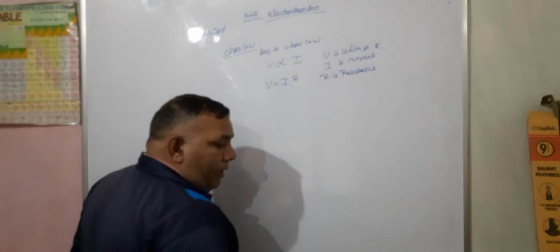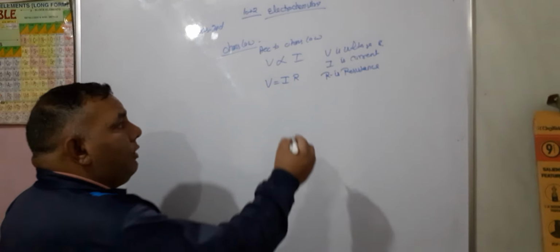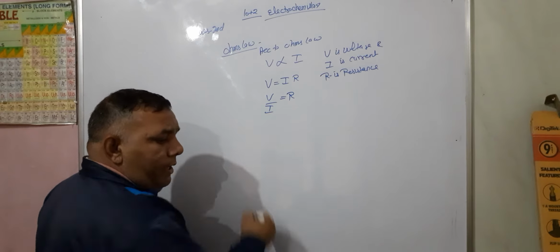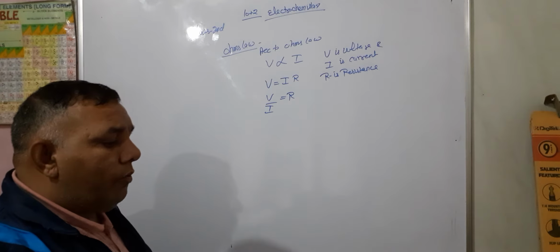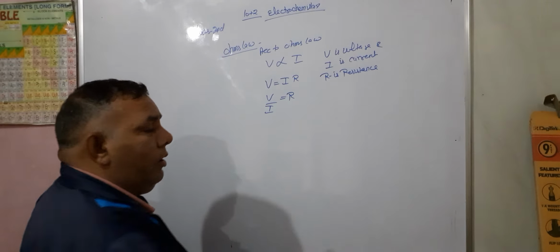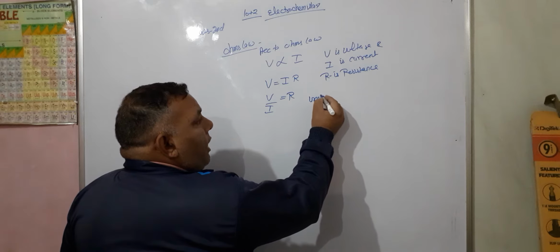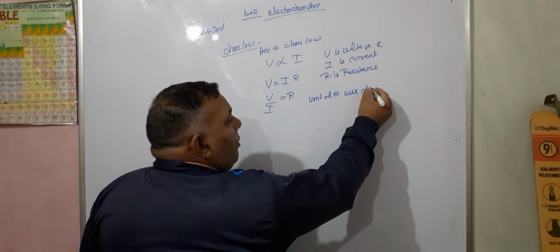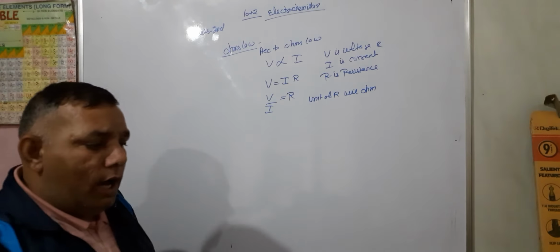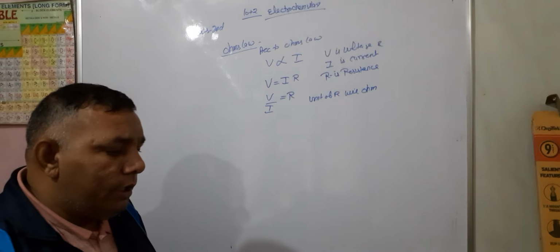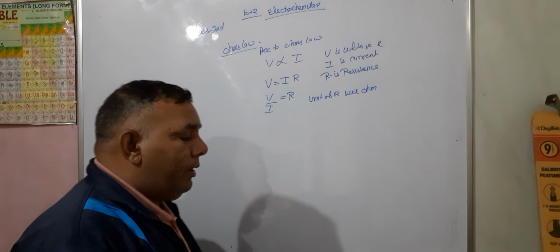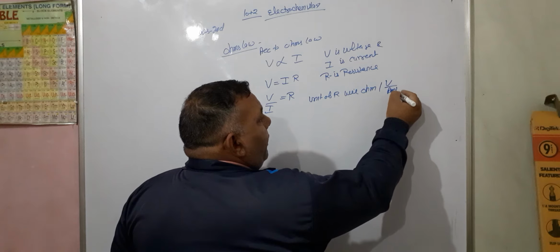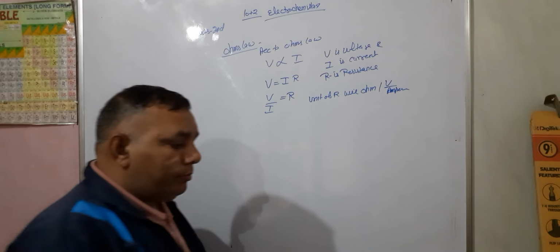And then R will be equal to V by I. And the unit of R will be ohm. It is also like voltage per ampere.